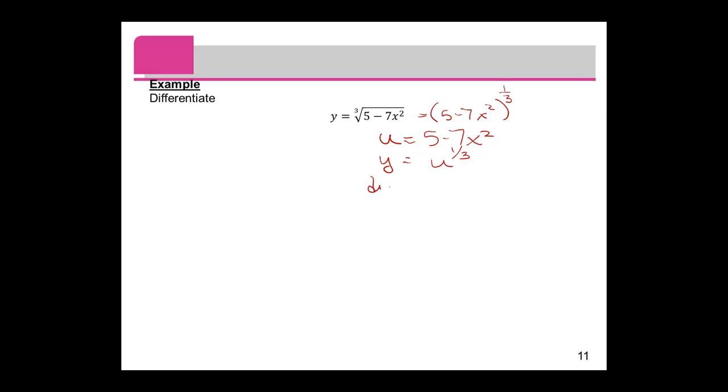So I have du over dx. I'm honestly bad with this notation, x, I guess. du dx. Okay, perfect. And what's that going to equal?